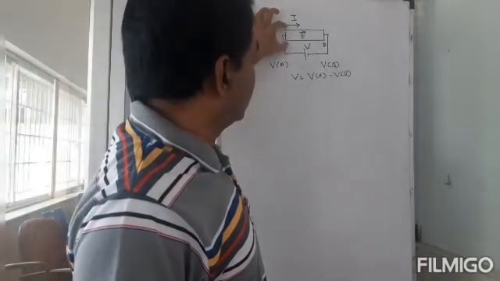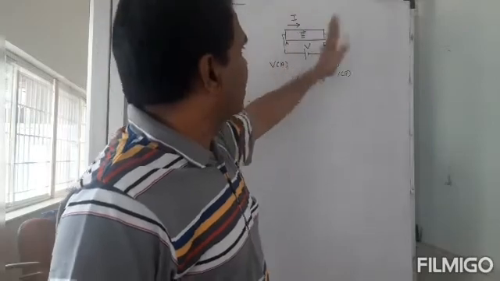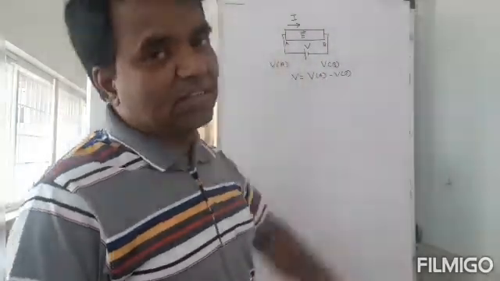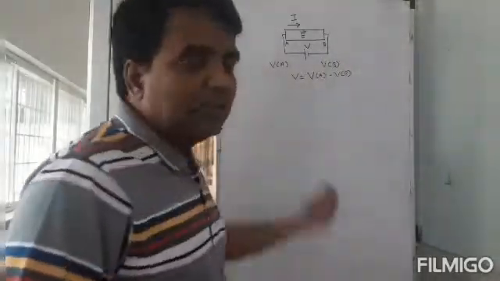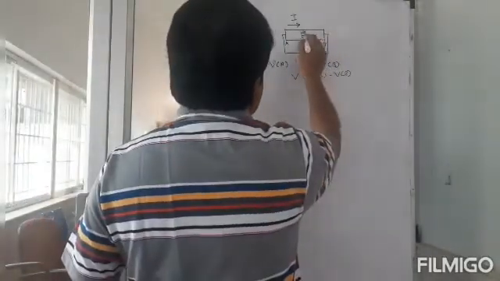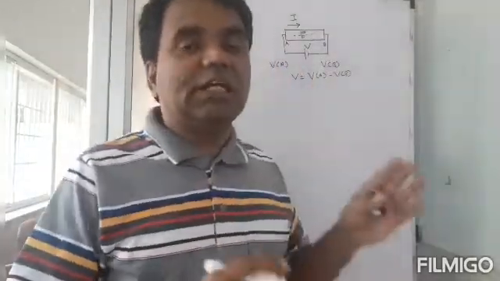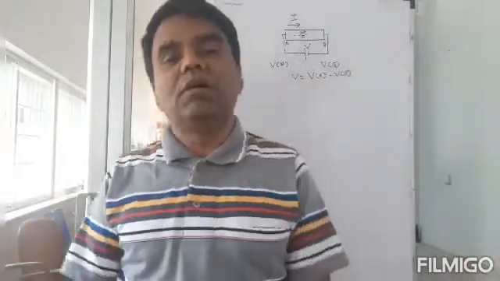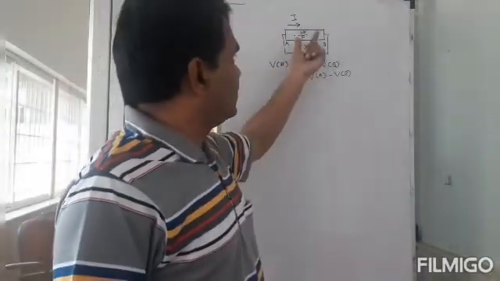VA is potential at this point, and VB is potential at this point, and current will be flowing in this direction, meaning that electrons will be flowing in the opposite direction. Electrons will be flowing in the opposite direction, but then we will say that the current is flowing in that direction. Electron moving in one direction is equal to a positive charge moving in the opposite direction.